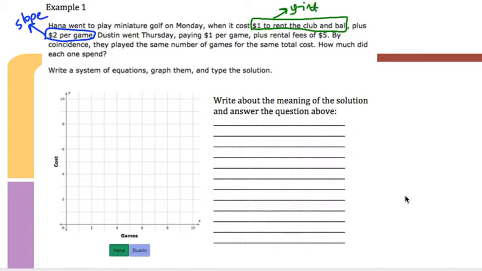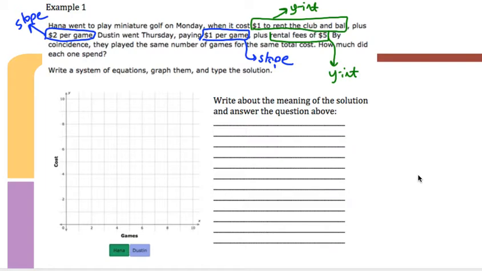Now Dustin went Thursday paying $1 per game, so I see the word per. I know that this is going to be a rate, so I know that's going to be his slope. Okay, and plus rental fees of $5. So that was additional money, so that's going to be my y-intercept.